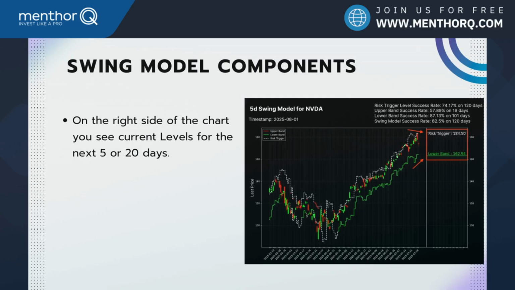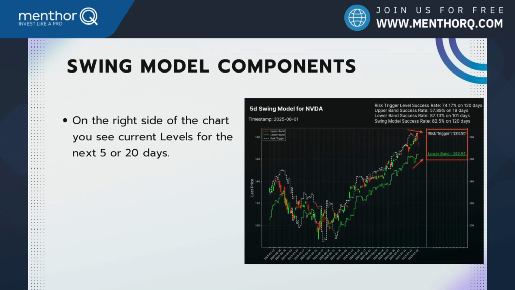So now let's break down how it works and how it appears. This is how the model appears. We're going to access it via the dashboard, and there are certain parts of the model that you should be looking for. First, we're going to look at the right side of the chart, which shows the current level.